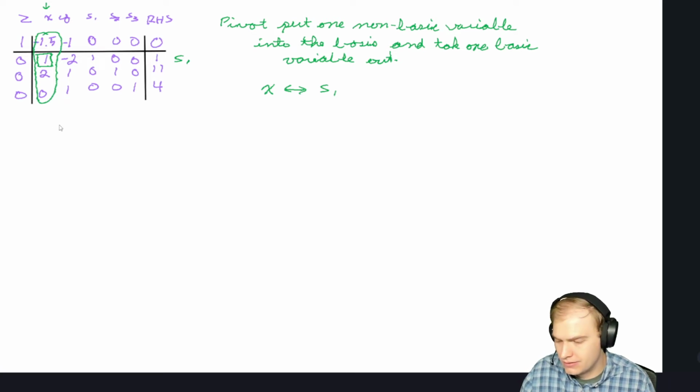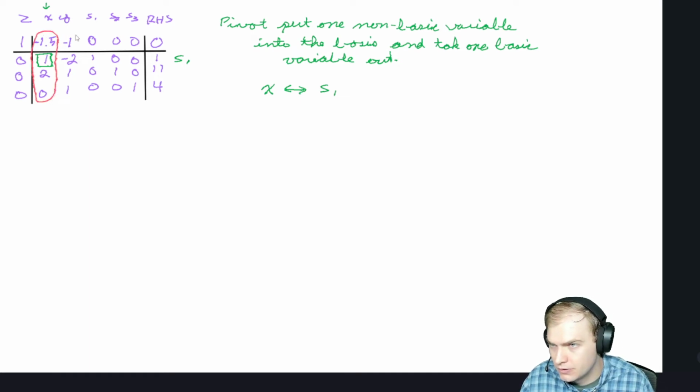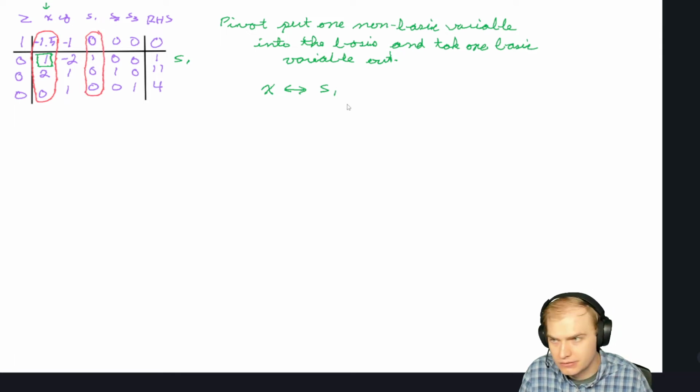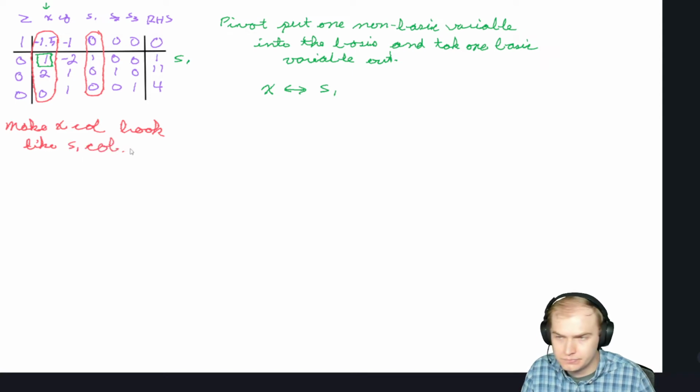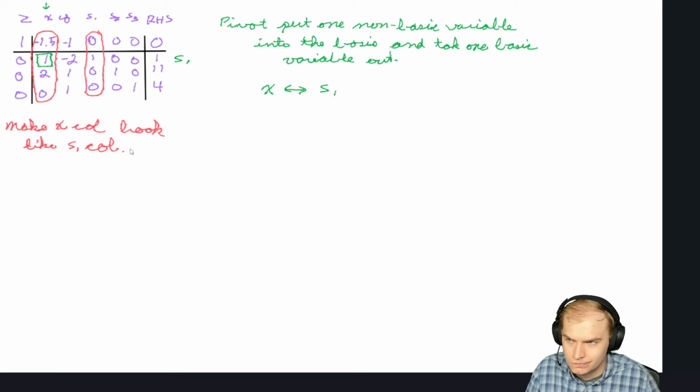So we want to make the x column look like the S1 column because we're swapping out S1. Outside of the Tableau, we did this by taking the inverse of our new AB.